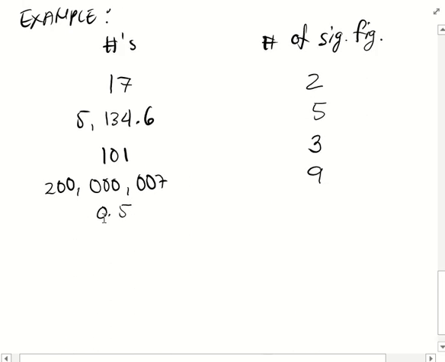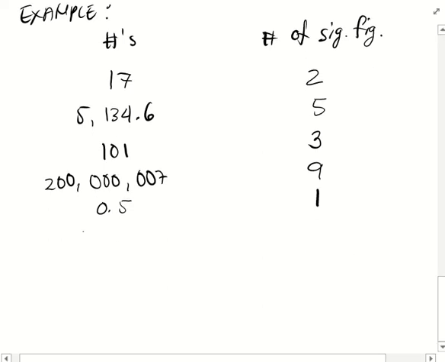So this 0 here is before a non-zero number, and there's no other digit before that 0, so it's not in between. So we can conclude that this 0 here is not significant. So we only have 1 significant figure.